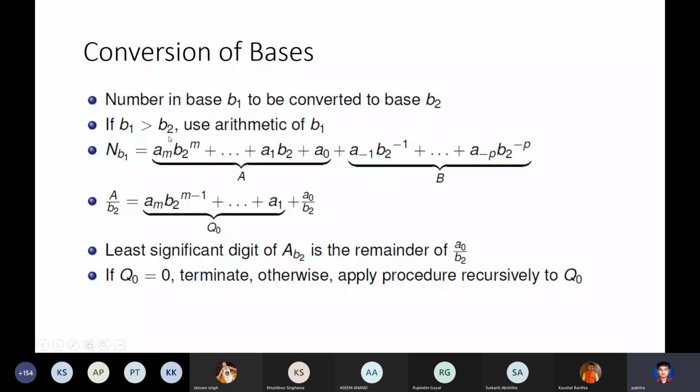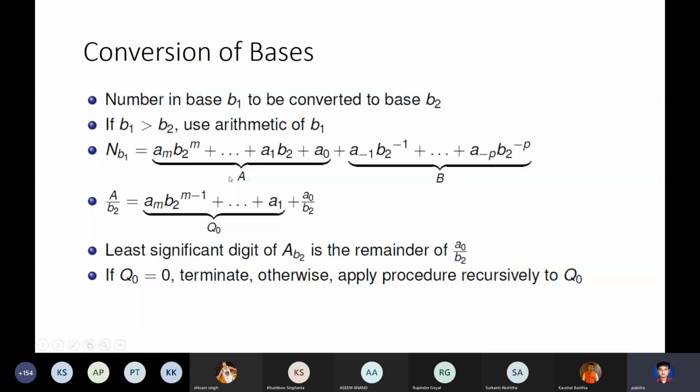So how do I get the digits? What I do is that I divide it by B2. That gives me the least significant digit of the number in base B2, which is the remainder. So you can easily see, if you divide it by B2, you get a0 as the remainder. The rest of the thing, the quotient, is divisible by B2.